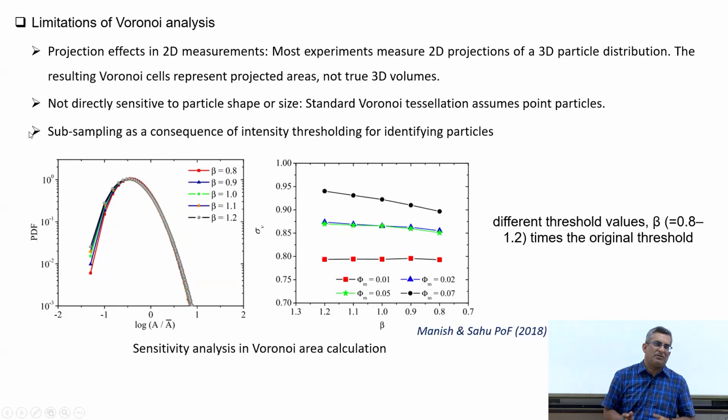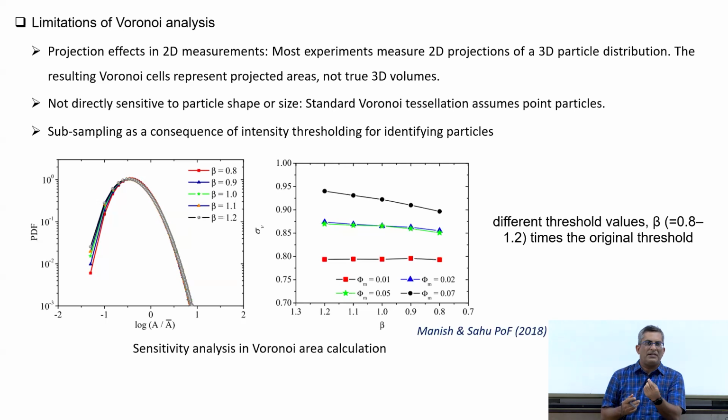So, as I have already discussed, in case of laser sheet imaging, or in case of any 2D imaging, we do not identify all the particles, because you have to put some intensity cutoff to identify the particles, and the particle intensity will depend not only on its size, but on its position within the laser sheet, which is Gaussian.